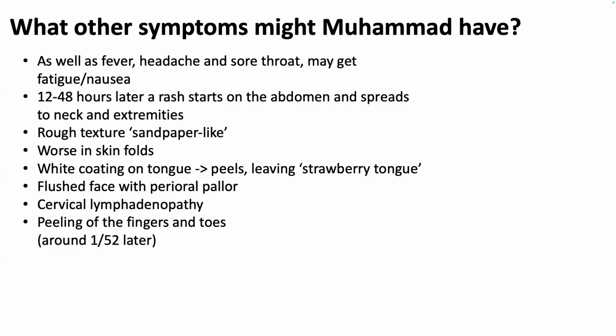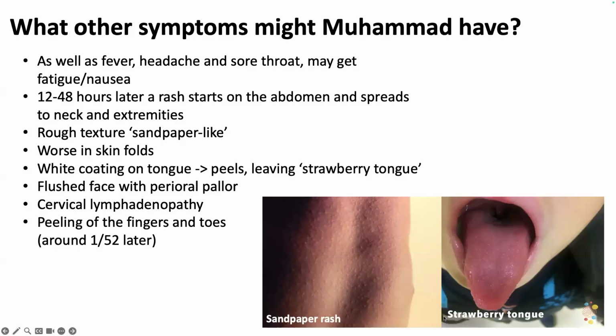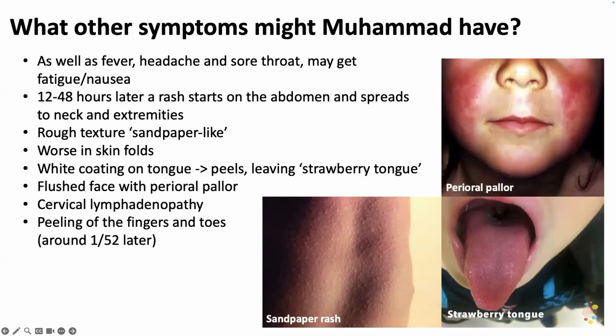The other thing that group A strep causes is peeling of the extremities, but that usually happens 1 week down the line. And this is an example of the sandpapery rash and the strawberry tongue. You can see it's bubbly like a strawberry. And this is an example of the perioral pallor. You can see this child's got really red cheeks, red face, but around the mouth has stayed really pale.